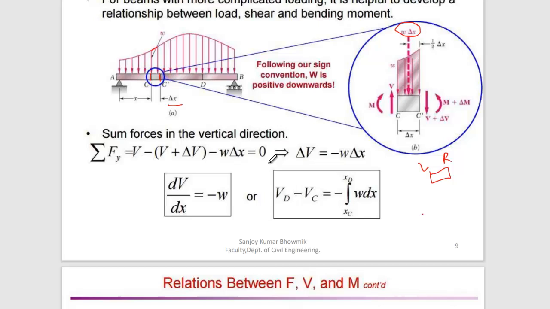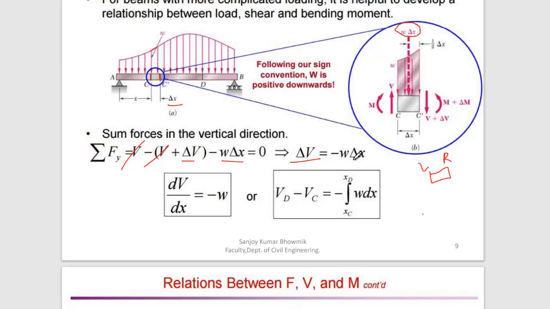If you take the summation, V minus (V plus del V) minus W del x equals zero. These V and these V cancel. So del V and W del x remain, and you can say del V equals minus W del x.